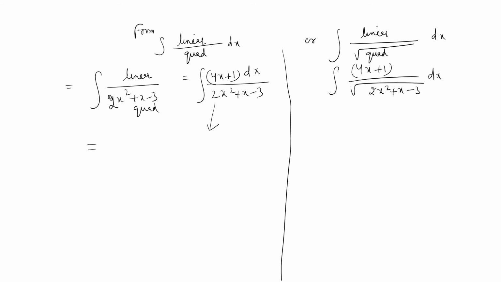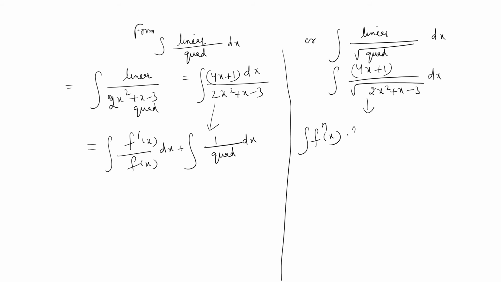This breaking will be of the form f dash x upon fx, the first integral, plus 1 upon quadratic, in case of linear upon quadratic. And in case of linear upon under root quadratic, the breaking will be fx raised to power n into f dash x form plus 1 upon under root quadratic.